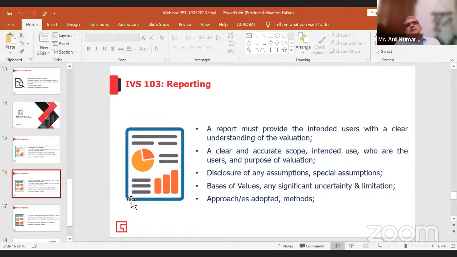And even though the special assumption that we made was that it would be running, a discounted cash flow analysis was also done, both cost approach and the discounted cash flow analysis was done. But the underlying uncertainty was very clearly put in the report, and alternate sources of bauxite were considered.